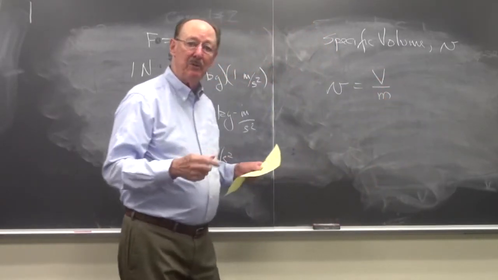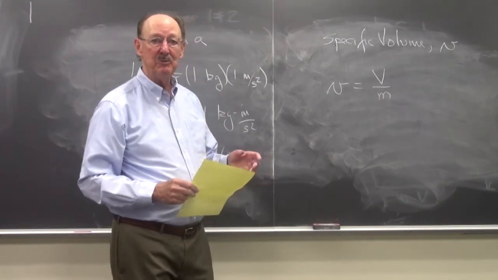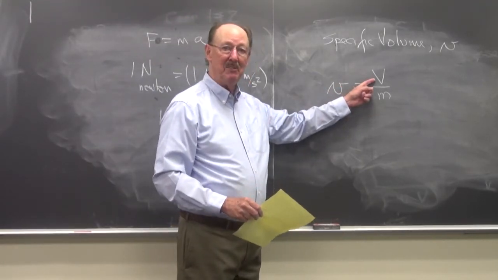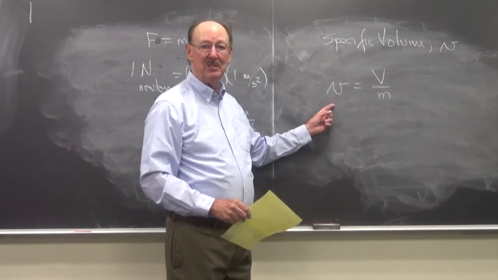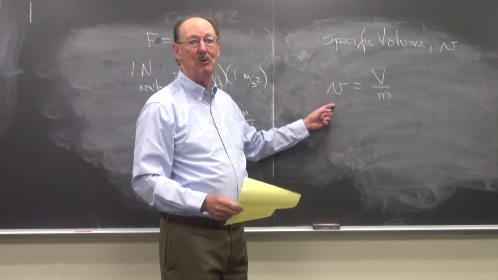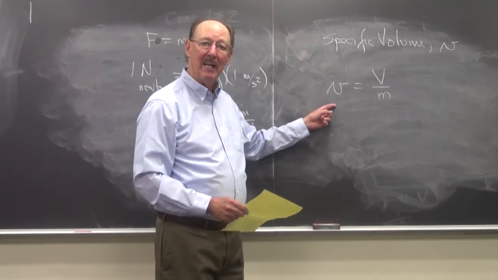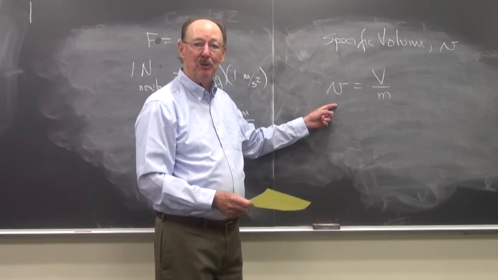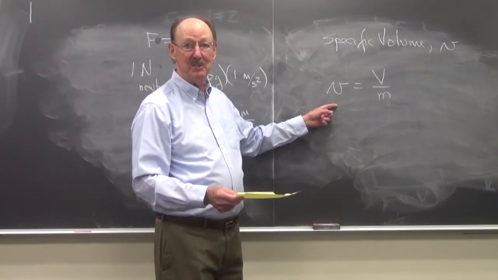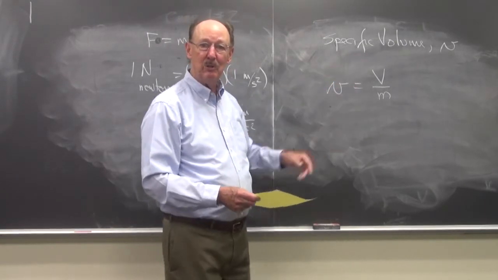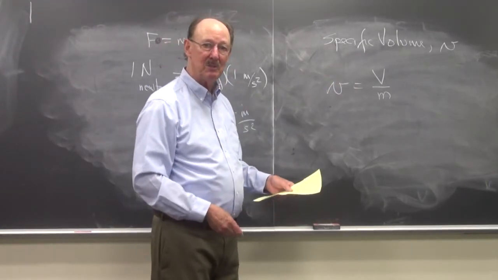Now, I'll tell you that we need to pay attention in your notes as to how you make your v's, because I have volume, which is a big V, I have specific volume, which is an italic or script v, and I have velocity, which is a lowercase v. So sometimes I have all these things going around in equations together. And if I have voltage, we're up the creek, because then I have to put little curly Q's on the V so I can show that it's voltage.